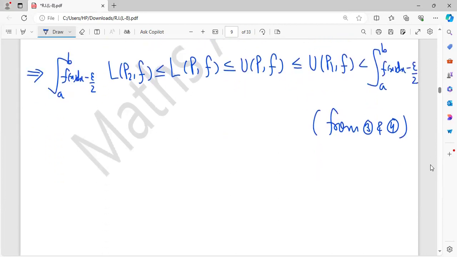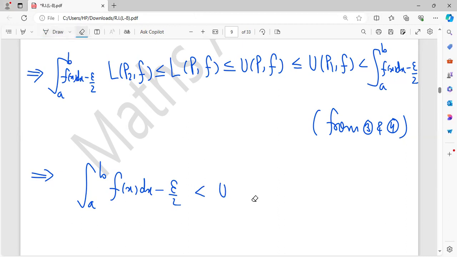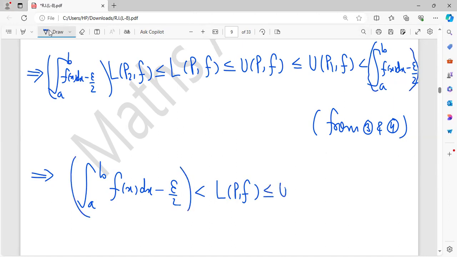So we have the integral from a to b of f(x) dx minus epsilon by 2 that is still less than L(P, f), and this is less than U(P, f), and then it is less than the integral from a to b of f(x) dx plus epsilon by 2.